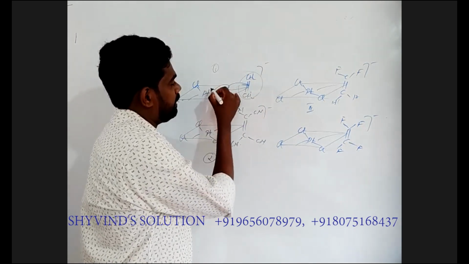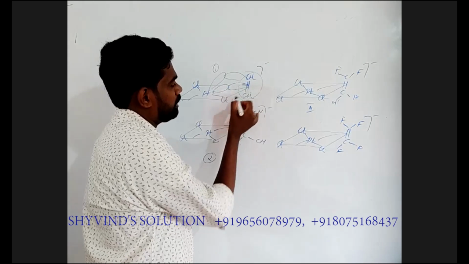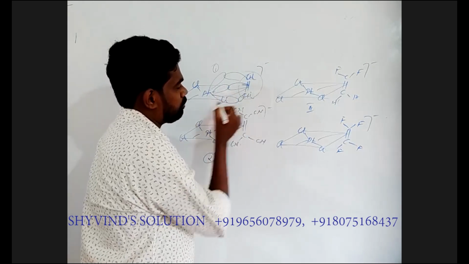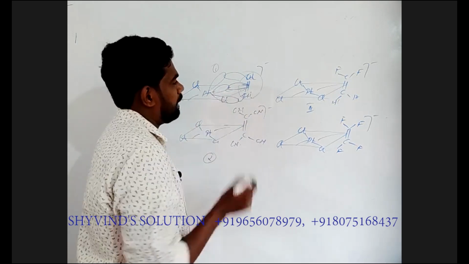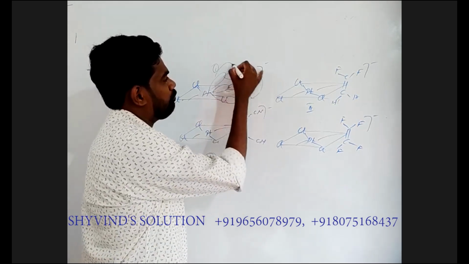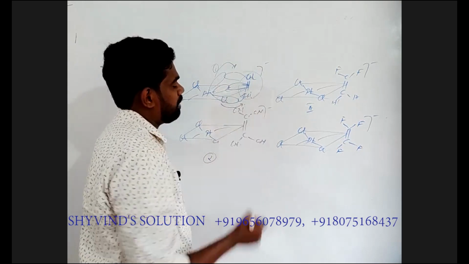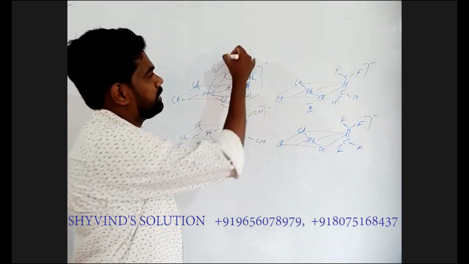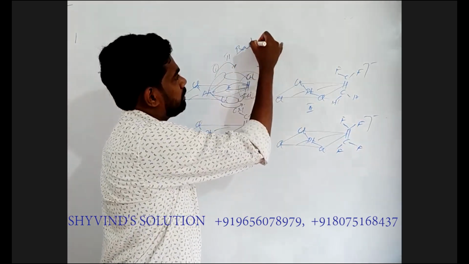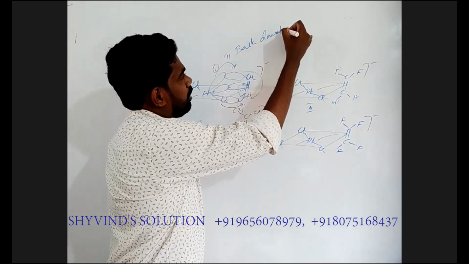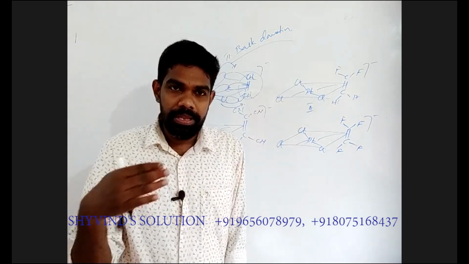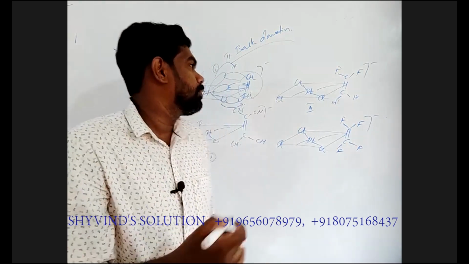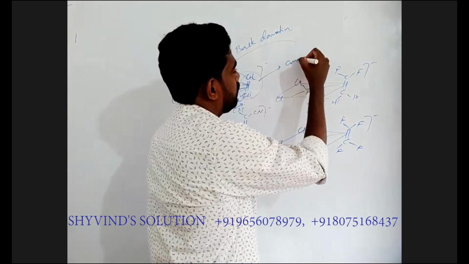Okay, similarly this has pi back donation also. Okay, two types of bonds: sigma bond by donation of electrons from the C=C to platinum, and the filled orbital of platinum will give back the electrons. This is known as pi back donation. Okay, if the pi back donation increases, what happens is that the electrons go to the antibonding orbital of this one.